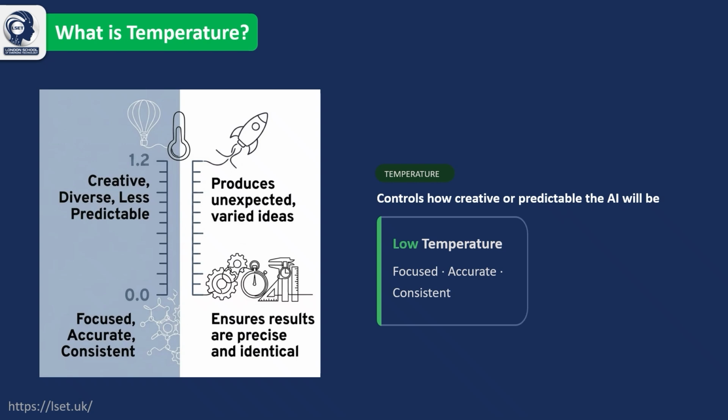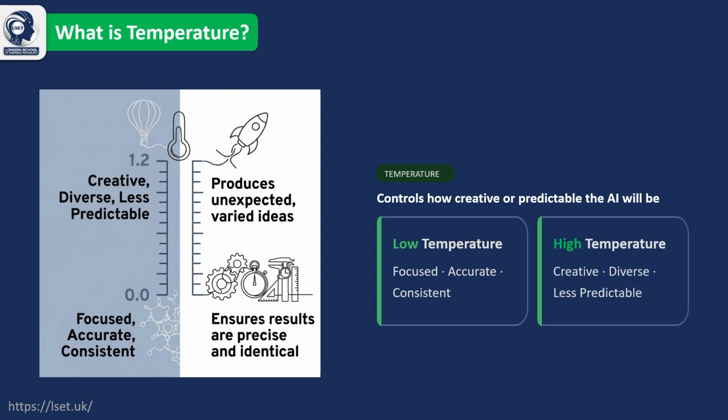On the other hand, when the temperature is high, the AI has more freedom to explore different word choices. As a result, the responses become more creative, diverse, and sometimes less predictable, making them well-suited for storytelling, brainstorming, and marketing content. In simple terms, temperature controls the balance between precision and creativity, allowing you to adjust the AI's behavior based on your specific objective.